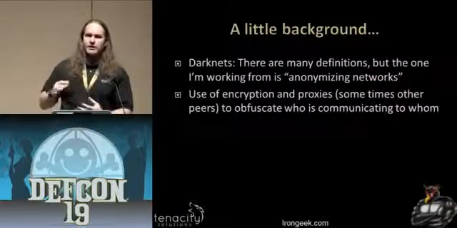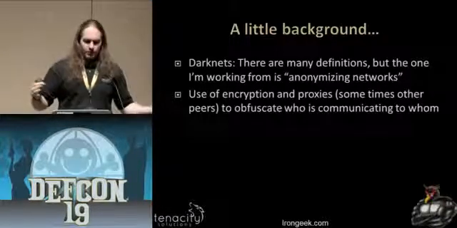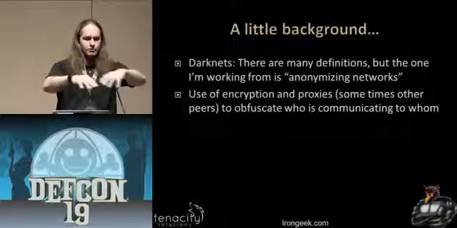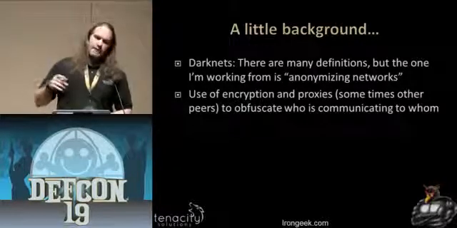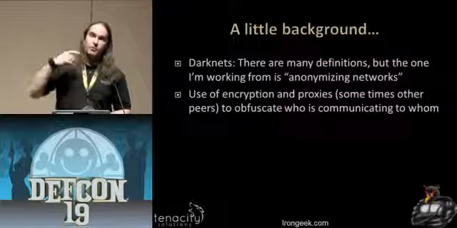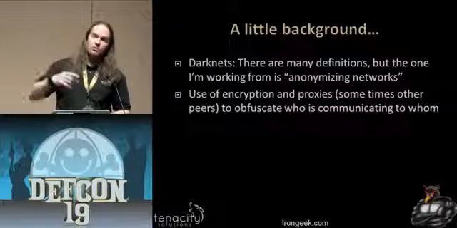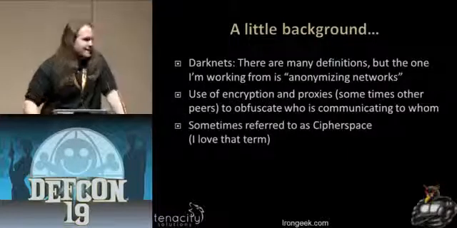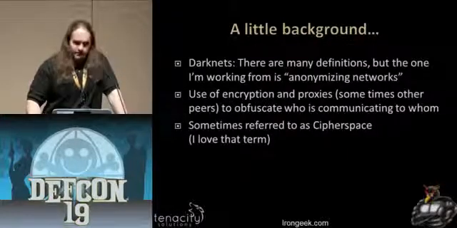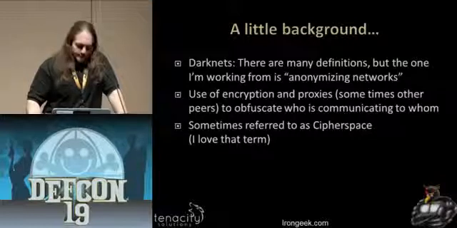Generally speaking, these darknets are also known as mixed nets, where you have multiple proxies that you hop through and different levels of encryption so that you can communicate and people don't know both where you're communicating to or what you're communicating. I also love the term cypherspace, and that might be a clearer term to use for some of these networks.